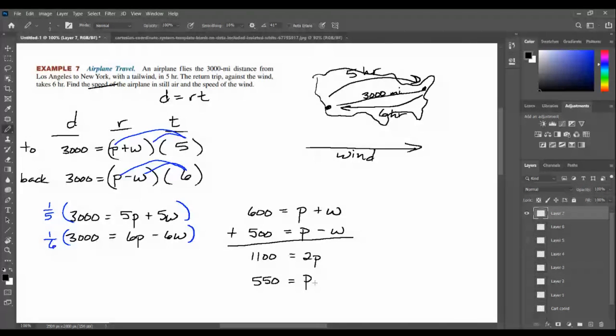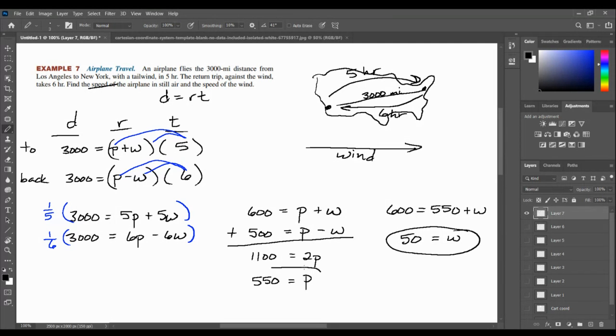So that's the speed of my plane. I can plug that P into any one of these. Subtract 550 from both sides, and I've got the wind speed, and I've got the plane speed.